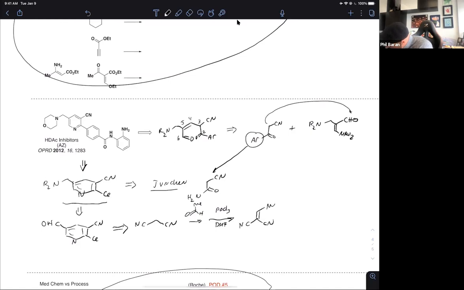So the initial adduct you get is that. When you then treat that with POCl3 and DMF, you get that.